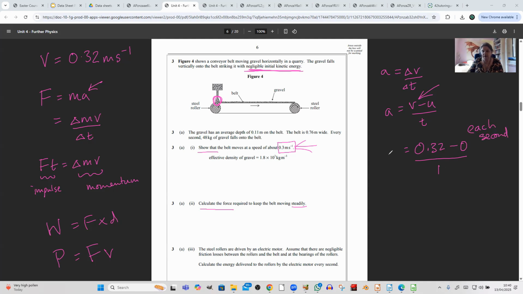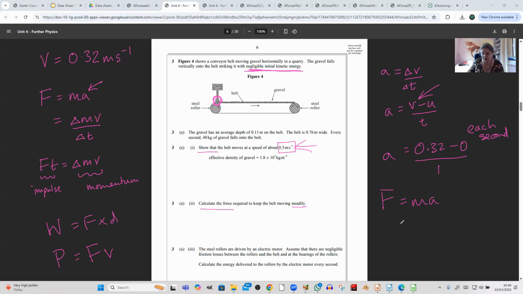And there's our acceleration. Right, okay, so now we can do F equals ma. Can you see that the m is the mass each second? Oh, it works out beautifully. We've got our acceleration for each second, or mass for each second. Yes.